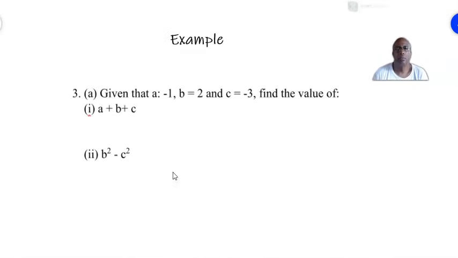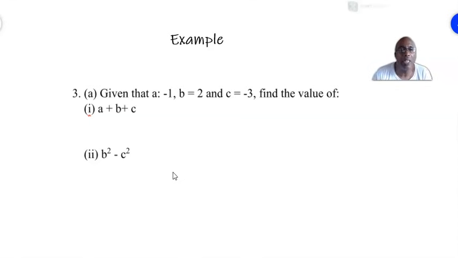Let's move on. Let us look at this last example, number 3. We have the values of A, B, and C. A is negative 1, B is 2, and C is negative 3. We have 2 negative numbers here.